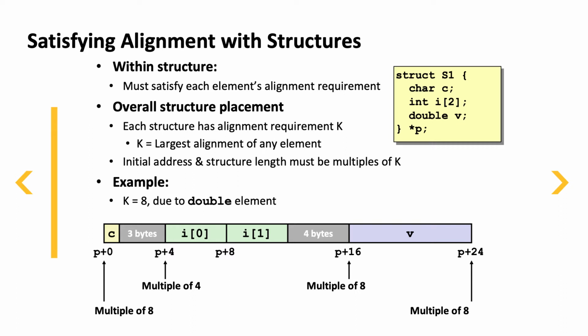Well, it can't be 16 since we've got 17 bytes of data total within the thing. It's got to go all the way up to 24, because we've got that double, it's got to be a multiple of 8 that is both where it starts and the length of the overall struct.